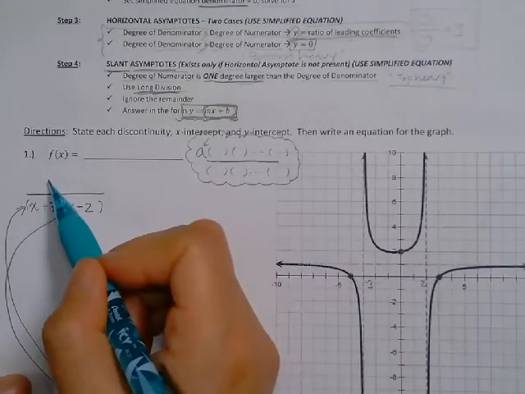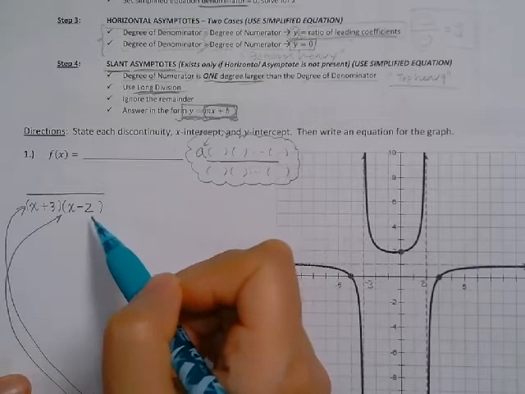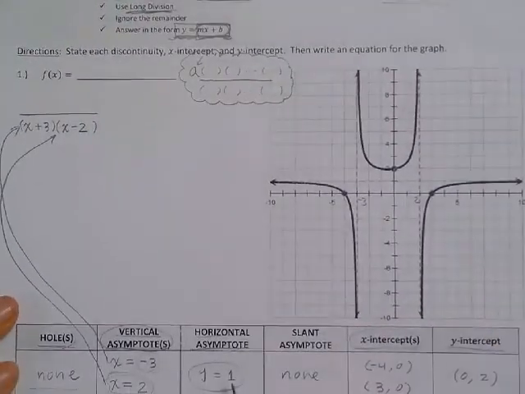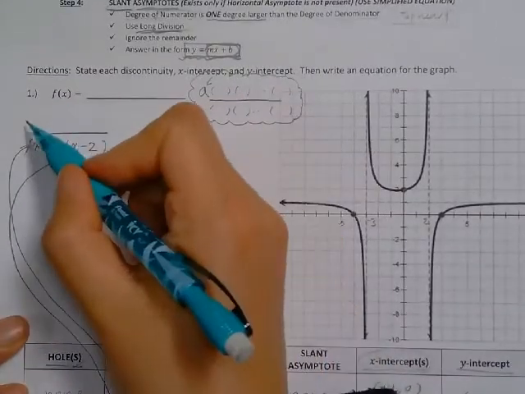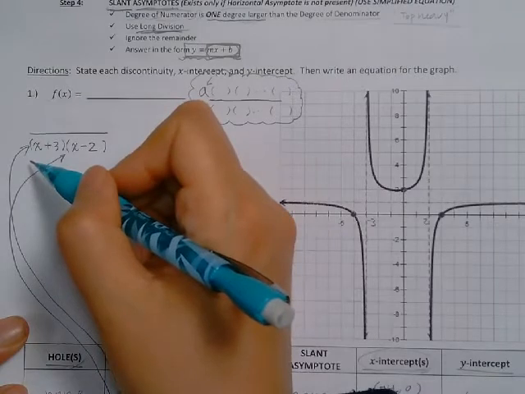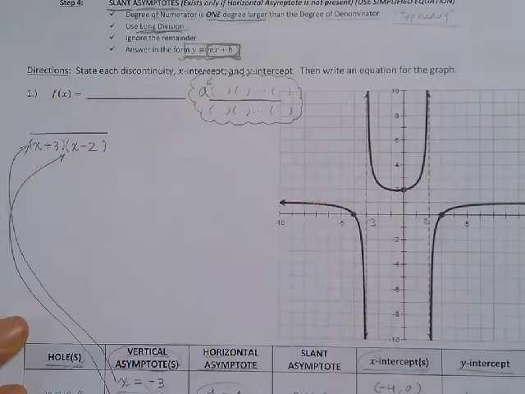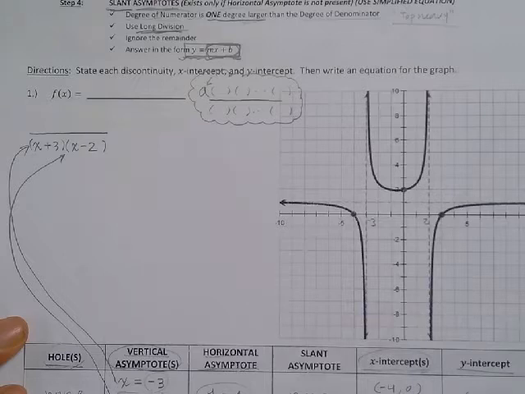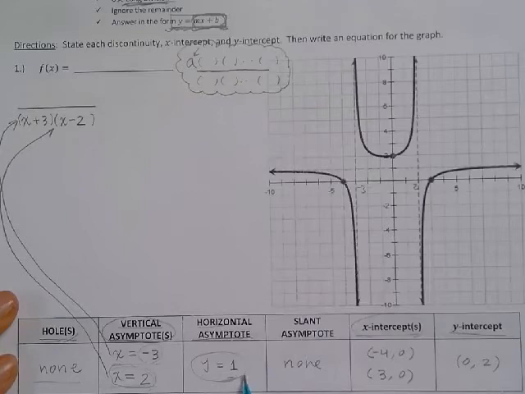This case forces us to analyze it. The degree on top should be the same as the highest degree on the bottom. And since I have y equals 1 here, the leading coefficient from top over the leading coefficient on the bottom should make 1 at the end.